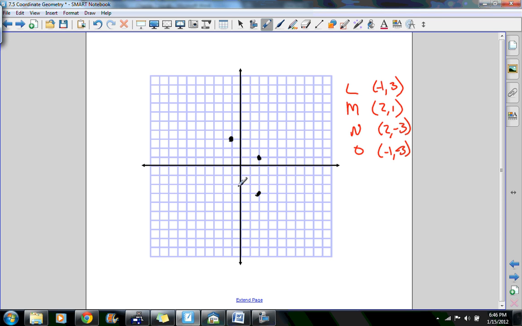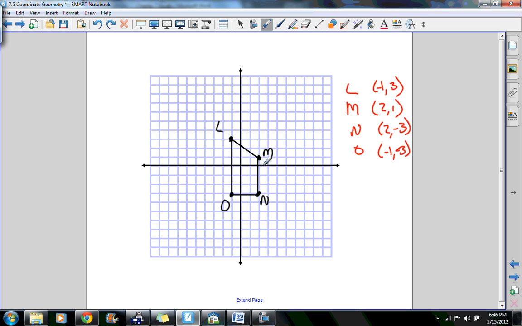And O is going to be -1, -3, right there. So if I connect all the points here, there, there. Alrighty, so we have L, M, N, O.